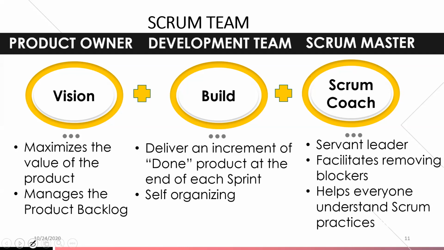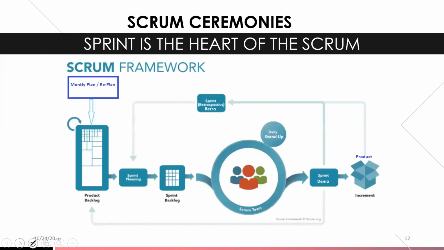The Scrum Master, so such as myself, is a servant leader to the team. The Scrum Master facilitates removing roadblocks and helps the team understand Agile Scrum practices. So you could think of a coach, and facilitates the Scrum ceremonies.